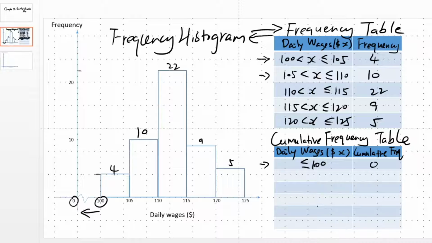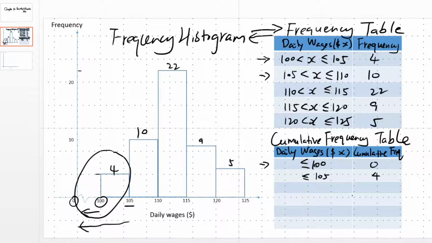All right, then the next point you start from is anything less than 105, right? So less than 105. You can see in this range you have 4 of them, right?